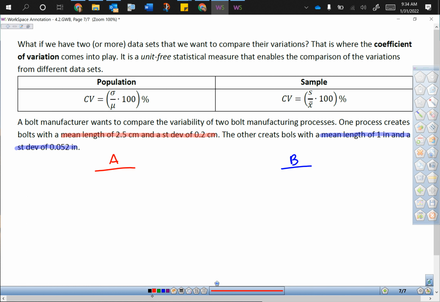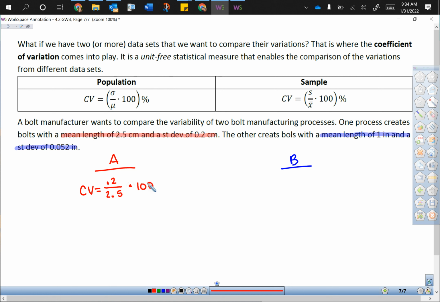And what I'm going to do is I'm just going to find the coefficient of variation for each of them. So to find the coefficient of variation, first and foremost, are these samples or populations? I would say they're samples. So we're going to take the standard deviation and divide it by the mean. So what's the standard deviation here for group A? 0.2, and we're going to divide it by the mean, which is 2.5, and we're going to multiply that by 100.